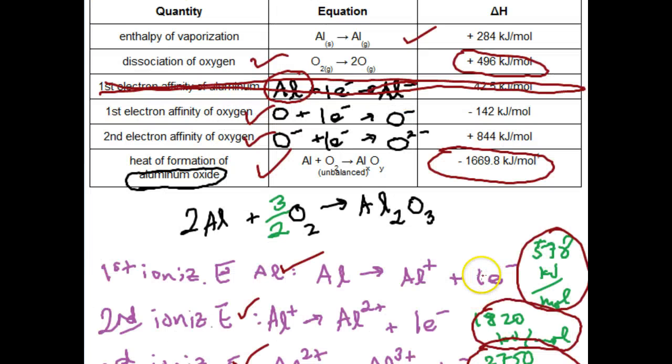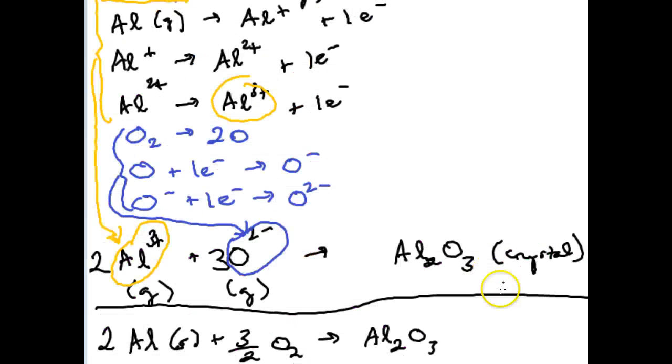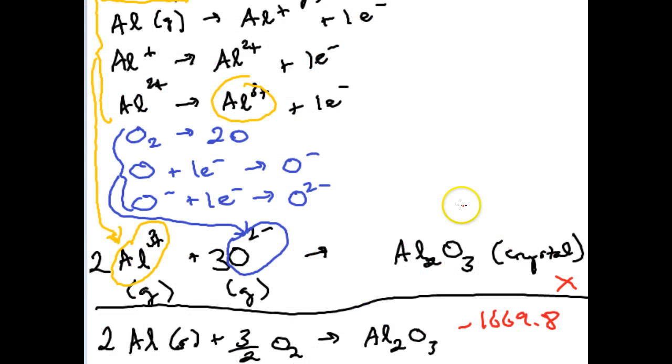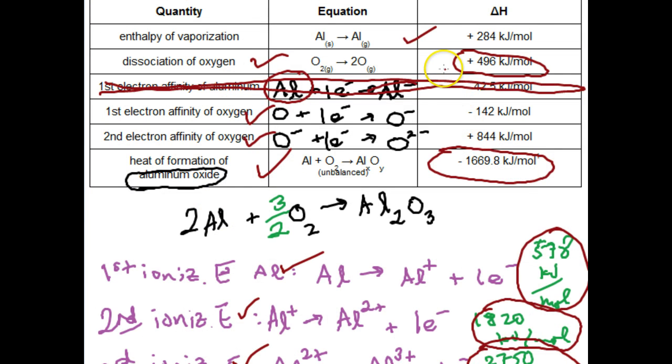Here, let me just in fact write them down. 1669.8. Okay, these are all in kilojoules per mole, right? 1669.8. We know that. This we don't know. We don't know the energy for this. I'll call it X. We know the energy for this. That's 844. We know the energy for this. That's negative 142. We know the energy for this dissociation.